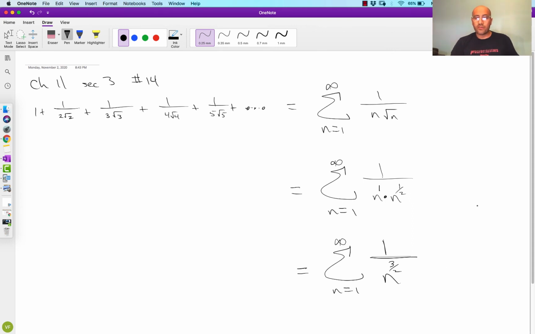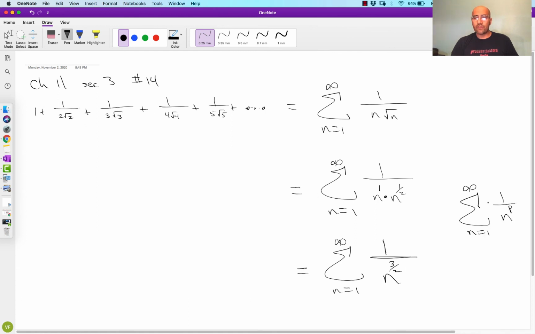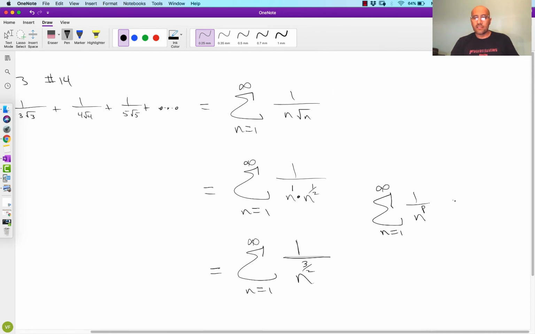So we saw somewhere in our notes that the sum of 1 over n to the power of p as n goes from 1 to infinity converges for p greater than 1, right?